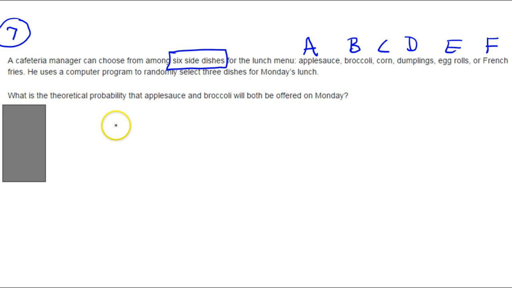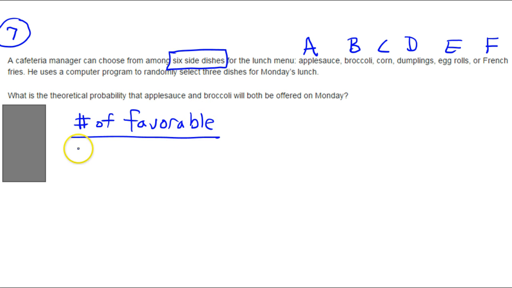Okay, the theoretical probability is always the number of favorable outcomes divided by the total number of outcomes. Okay, and when I talk about this in my classes, I usually like to say target over total.